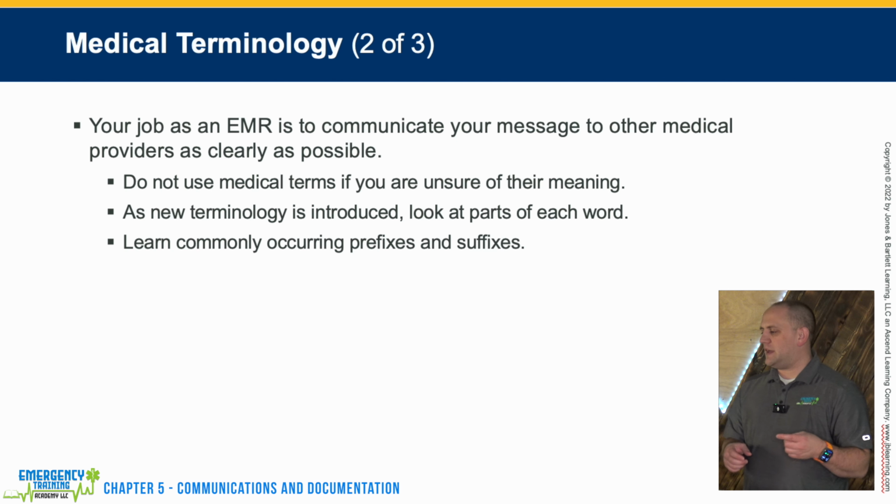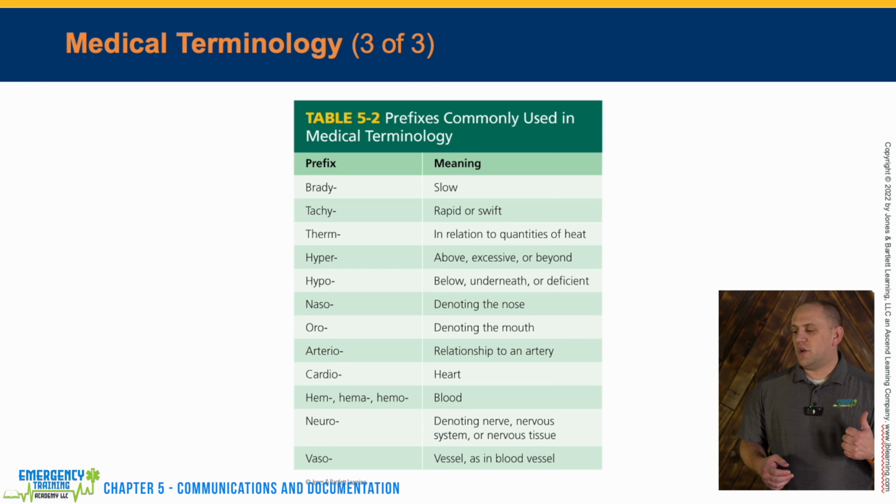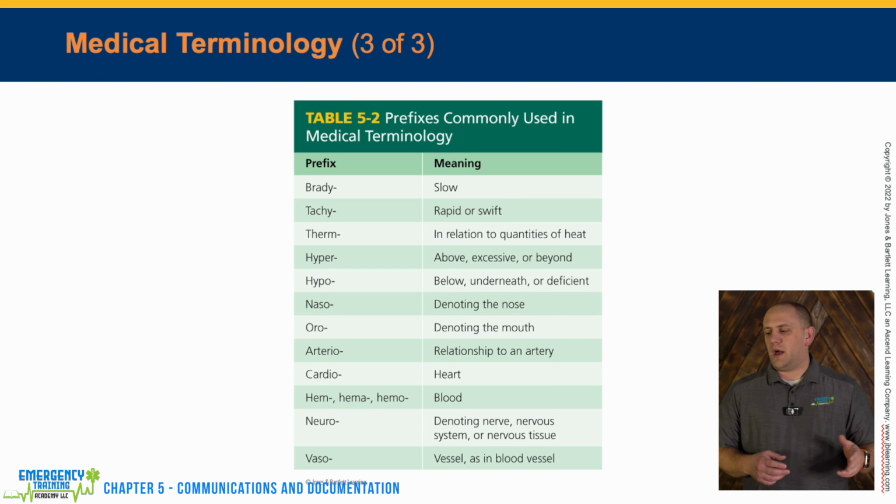Use terminology as introduced, looking at each word, and learn common prefixes and suffixes. And we're going to look at some of those here. Some of them you're going to hear quite frequently. Brady, so you'll hear bradycardia. Brady just means slow. The next one is tachy, as in tachypnea, tachycardia.